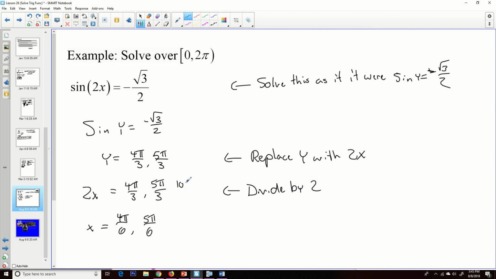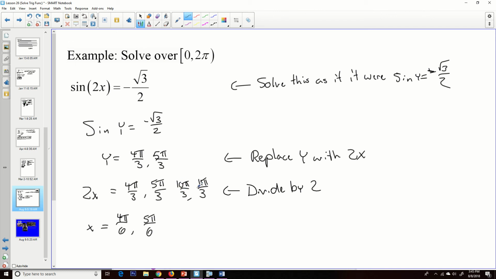And then the next one after that, that also works, would be 11 pi over 3. That makes sense because we're adding that 2 pi again, and 2 pi in thirds would be 6 pi over 3. So 4 pi over 3 plus 6 pi over 3 gives me 10 pi over 3.